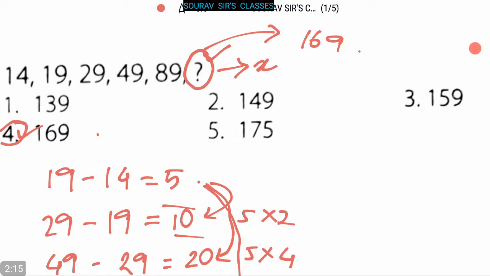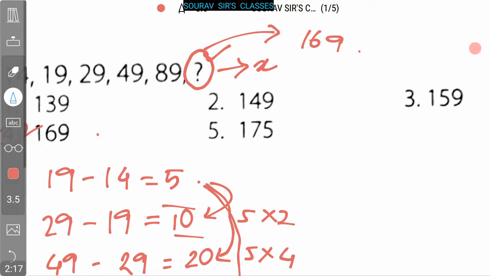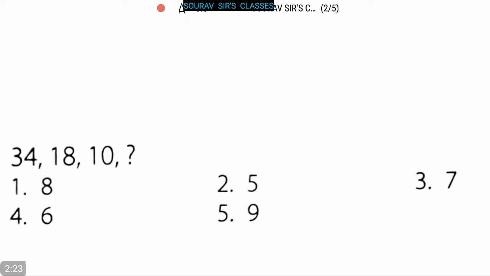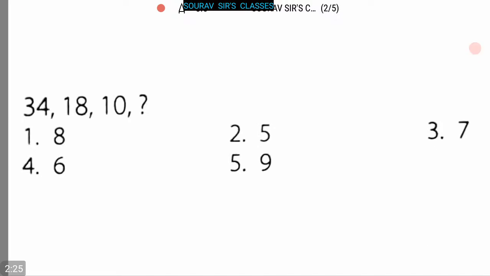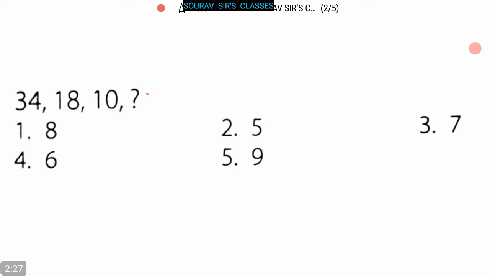Now let's go to our next question. Here again a series is given and let's consider this term as x. The series is 34, 18, 10 and we can see that the values are decreasing.